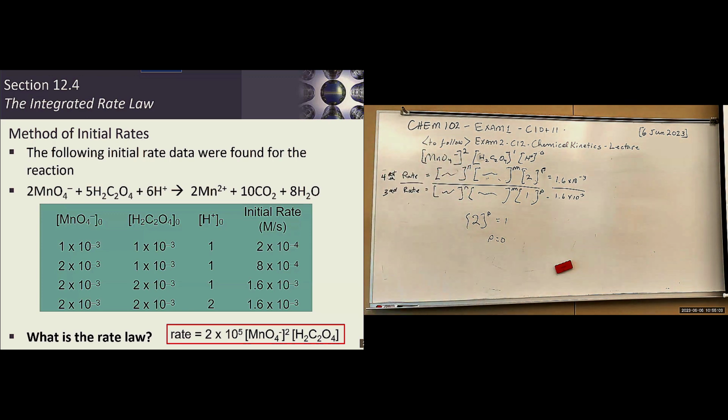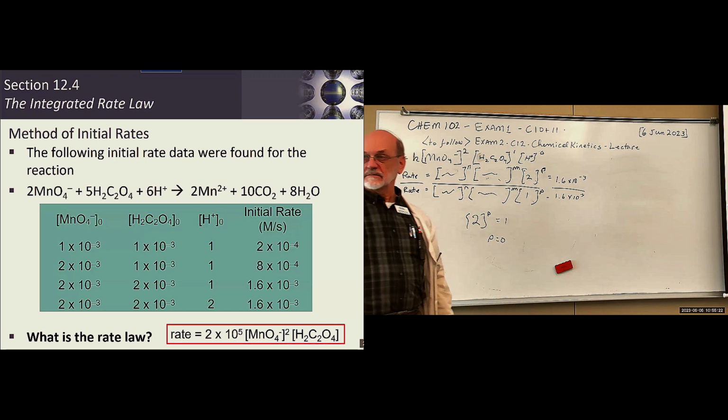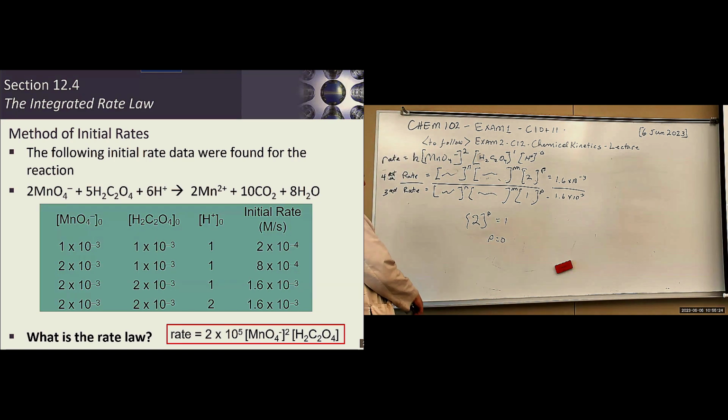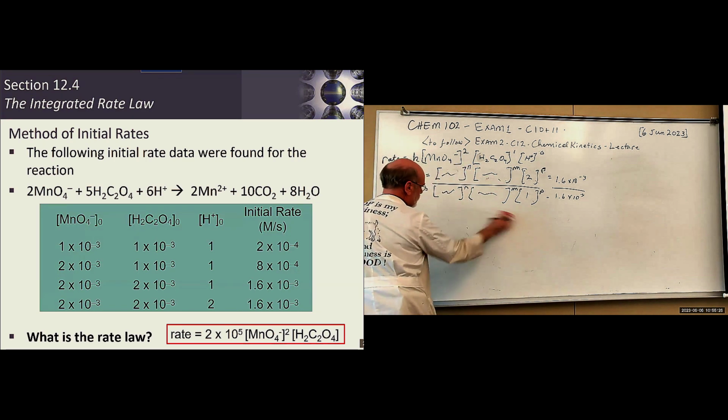Okay. Now, how do we get to K? The rate law is going to be K times that value. Pick any experiment, any one, and say the rate. We'll just pick the first one.